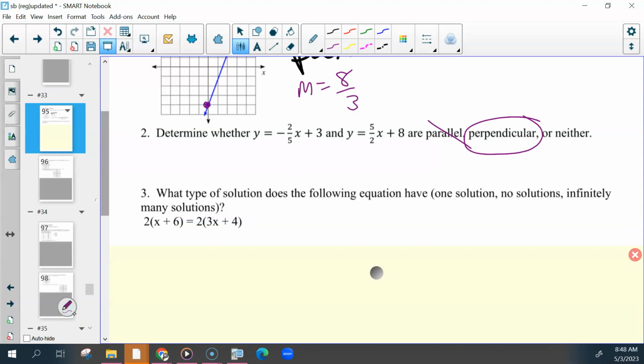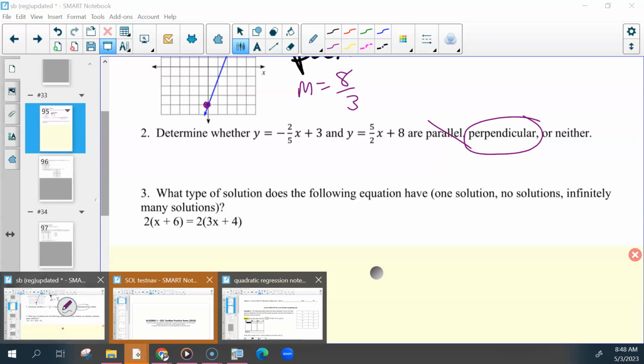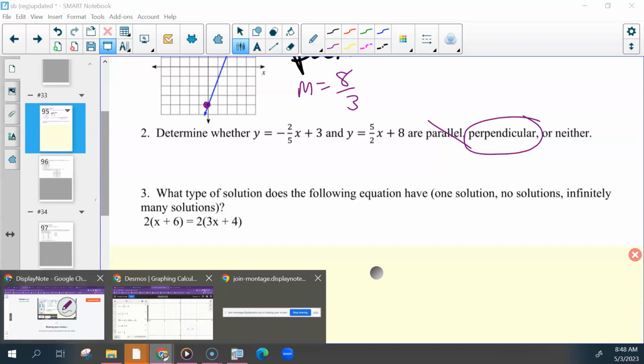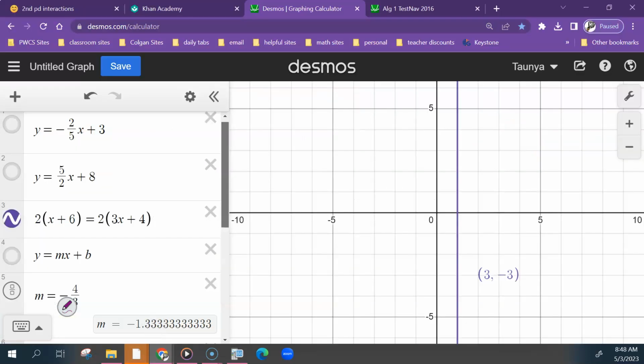3, you could solve by hand, but you could also put in Desmos to see how many solutions or the type of solution it has. So when I put in this equation, I get a single line, so that means it has one solution at x equals 1.